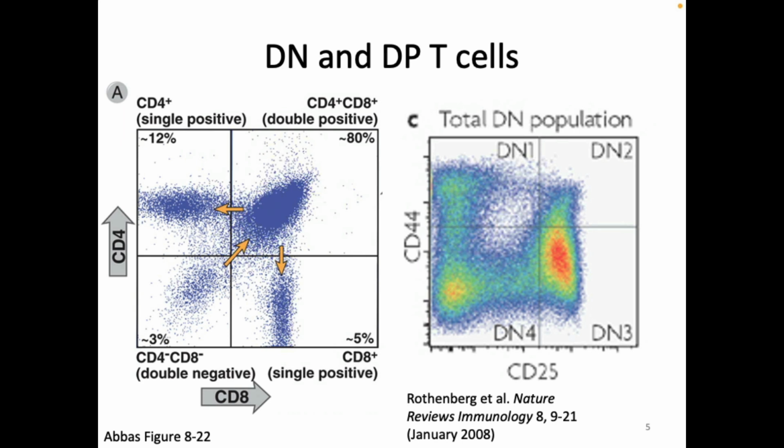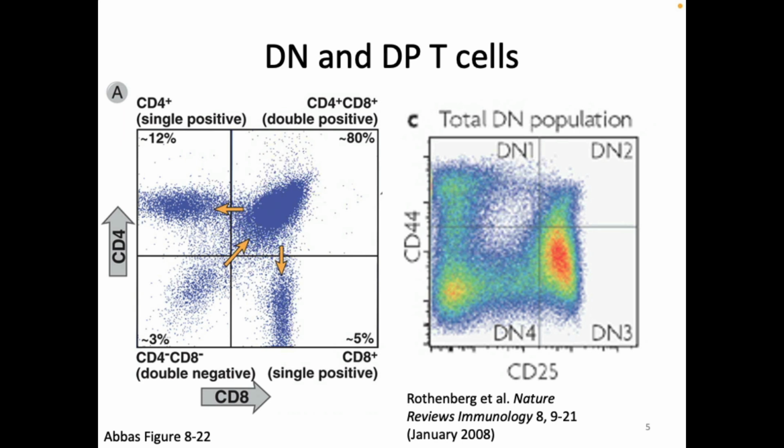So you can see we've got DN1, which is CD44 plus, CD25 minus. DN2 is CD44 plus, CD25 plus. DN3, CD25 plus, CD44 minus. DN4, CD25 minus, CD44 minus.